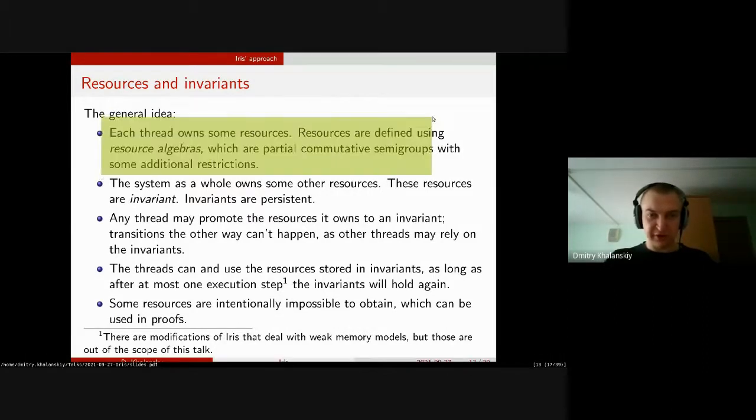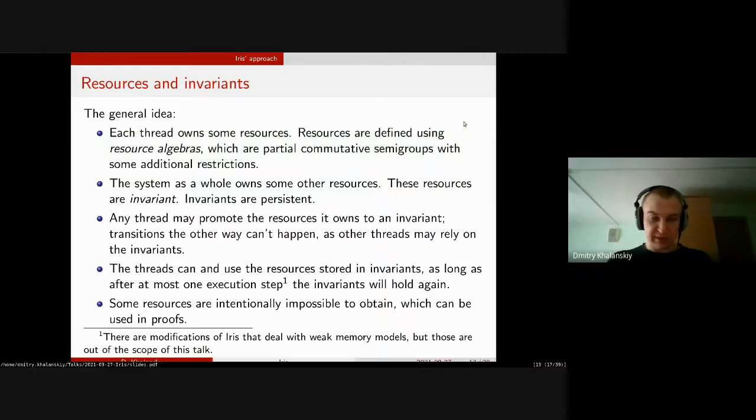These resources, for example, the points-to connective that we already saw, is one such resource. But in fact, almost everything that you can put in a Hoare triple in Iris is a resource.